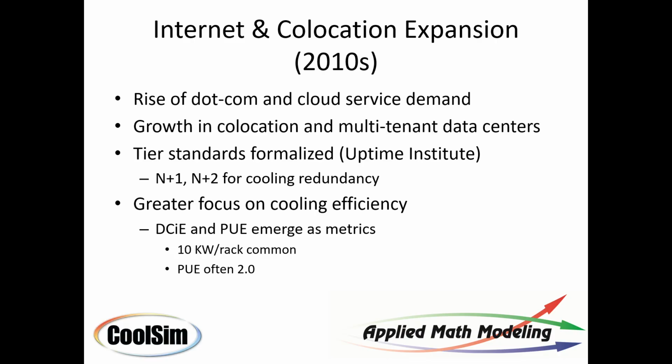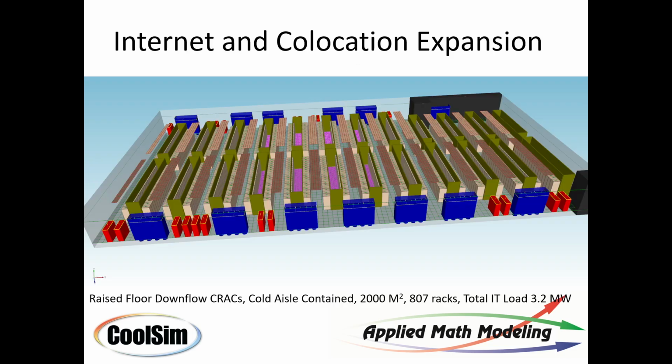In other words, for every kilowatt you're putting into the data center, you're using an additional kilowatt to get that residual heat out of the data center. So 2.0 is not good. We saw an awful lot of this, however, during this period of time. This is an example, again, a cool example of internet-based co-location.